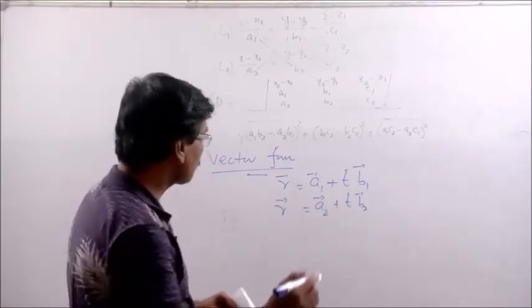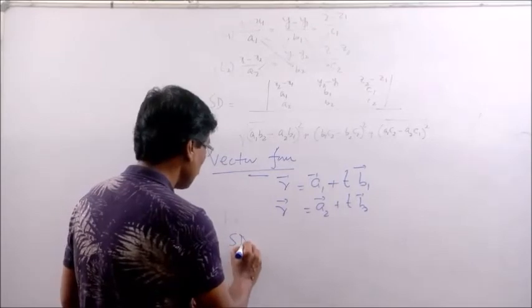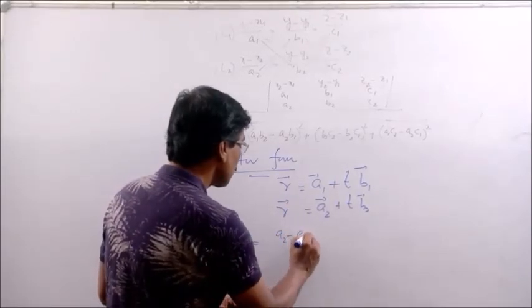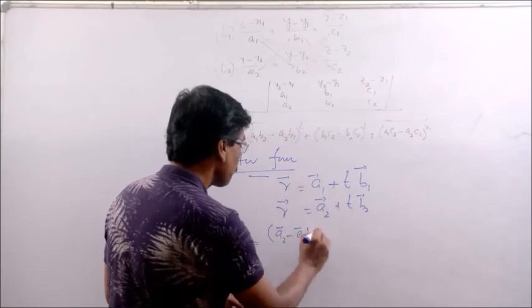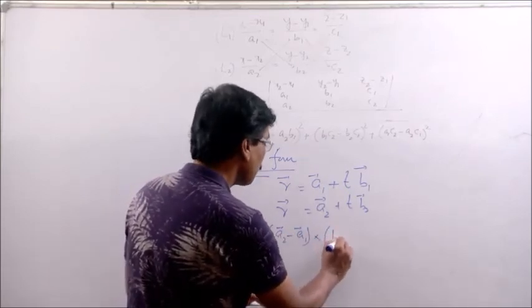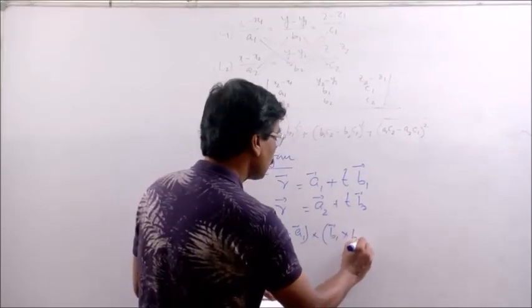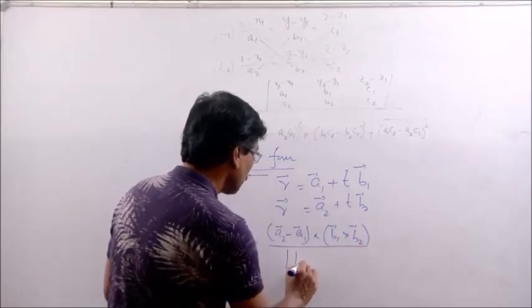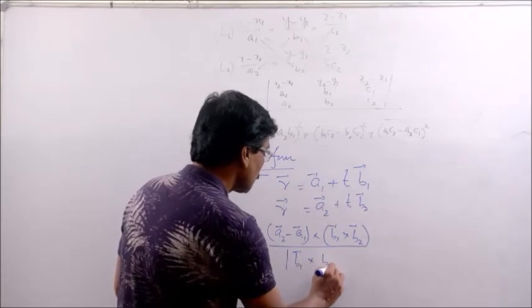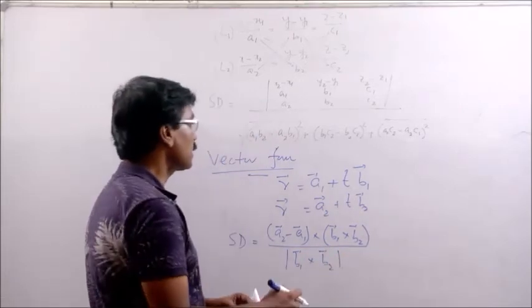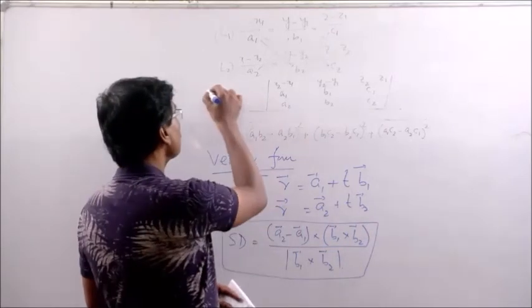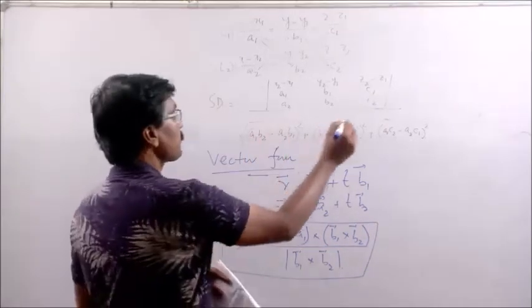Then the shortest distance between them is equal to (a2 minus a1) dot (b1 cross b2) divided by the magnitude of b1 cross b2. So, that is the shortest distance between two lines in vector form, and the earlier one is in Cartesian form.